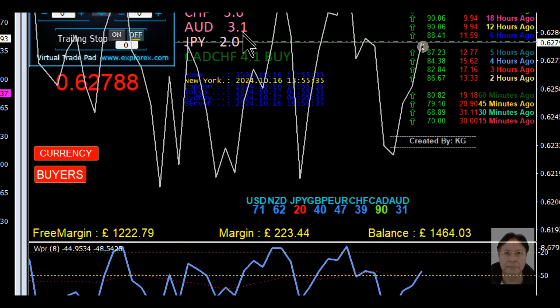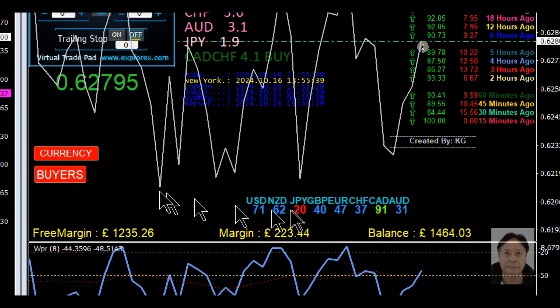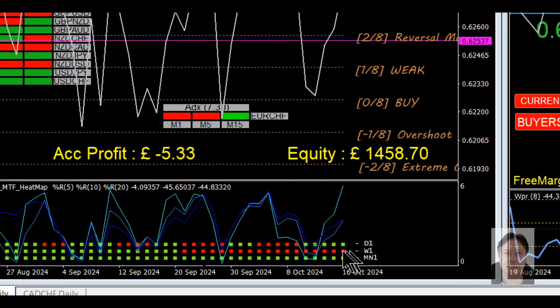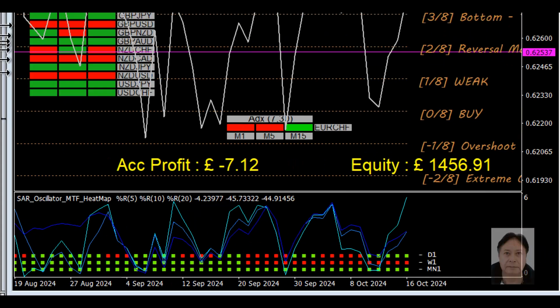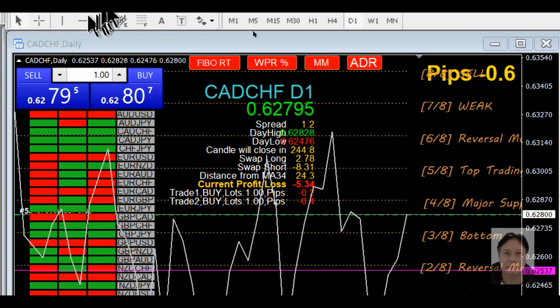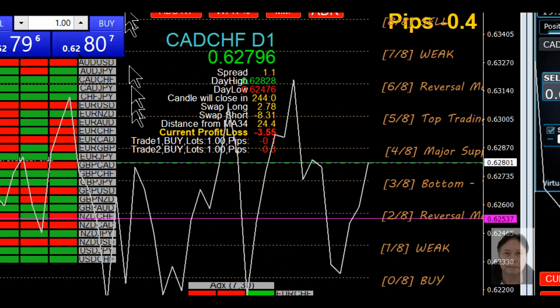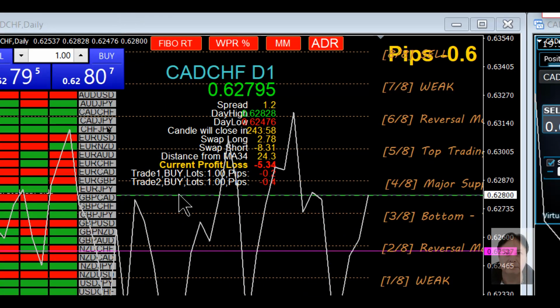I've got Canadian 90, and the Swiss franc 37. I've checked that, and that is showing green. A good trend up. And as you can see, we're minus $3.56 now. Like I said, I placed 2 orders already. That's three pips.